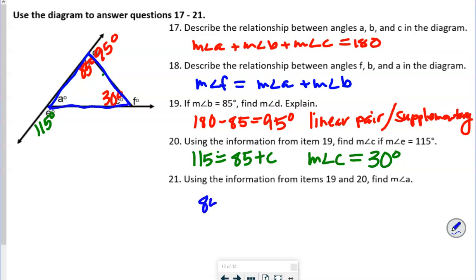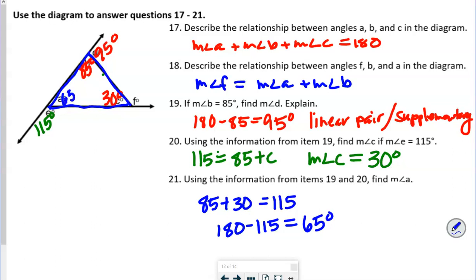So we're going to add 85 plus 30. That's going to give me 115, I think, right? Yeah, 115, and we're going to subtract that from 180. So the measure of that third angle is 65 degrees, right? So that's 65 degrees right there, okay?